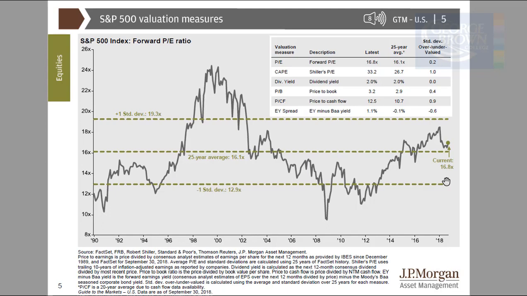So the price of the index is 16.1 times the earnings of the index, okay? And it's the same concept for a stock. It's currently at 16.8. You can see back in 2000, it's up over 24 times.